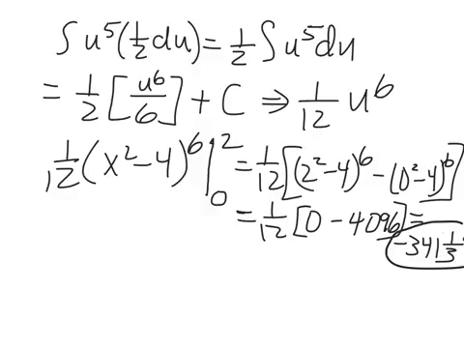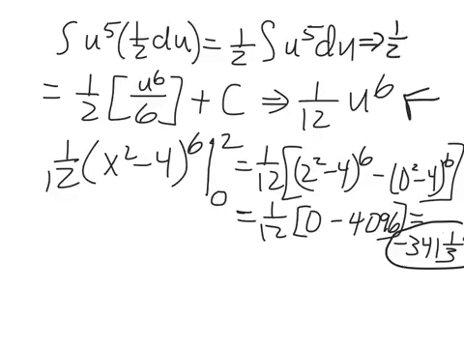Now, an alternative way of doing this, right here, instead of substituting back in the x squared minus 4 for u, we can do a slightly different substitution. And in fact, we could look at it right up here.